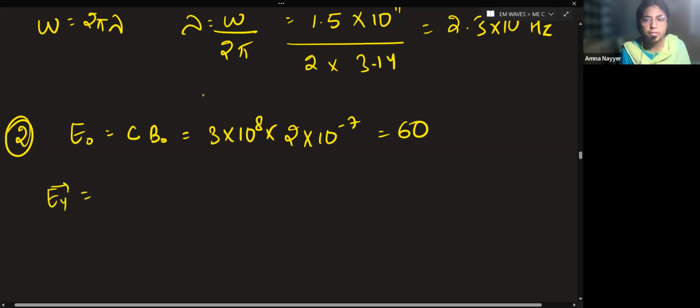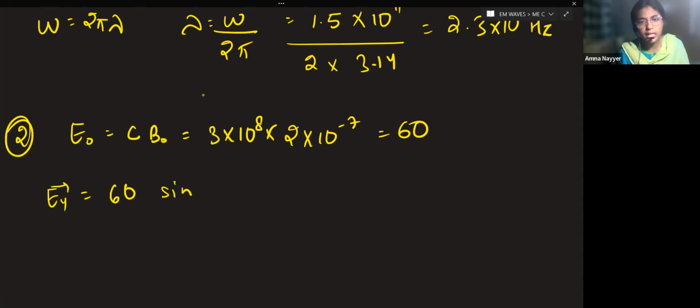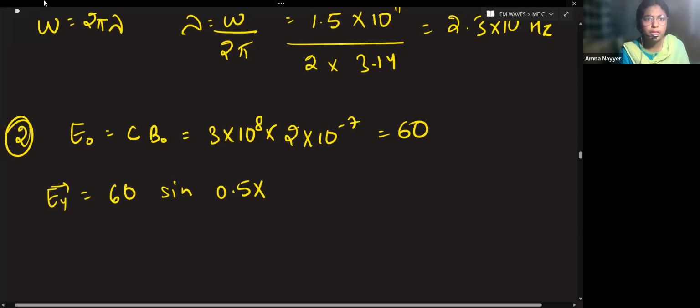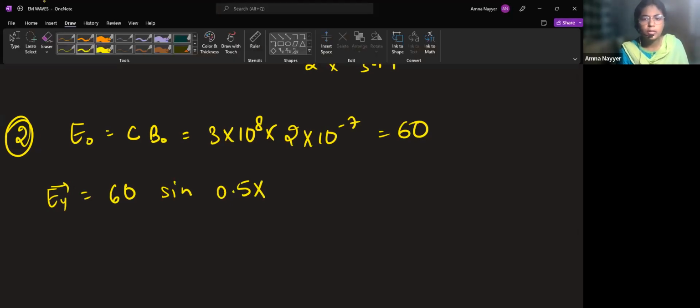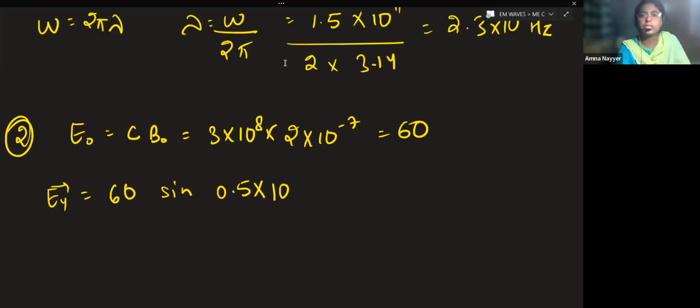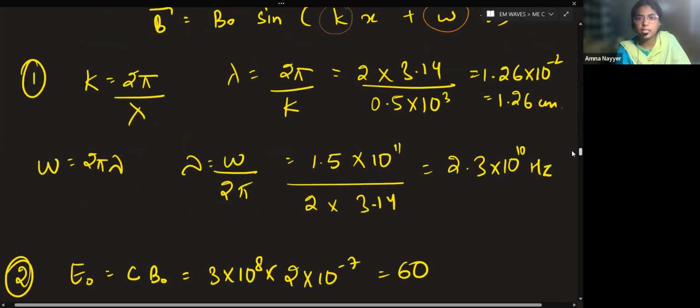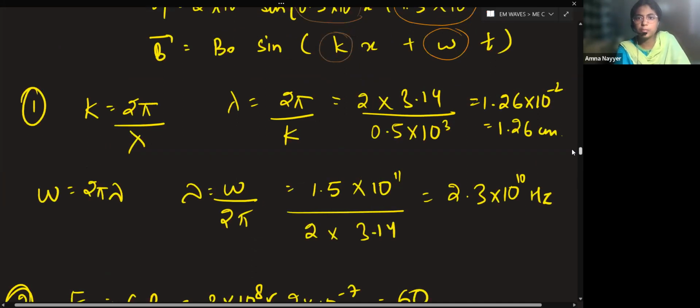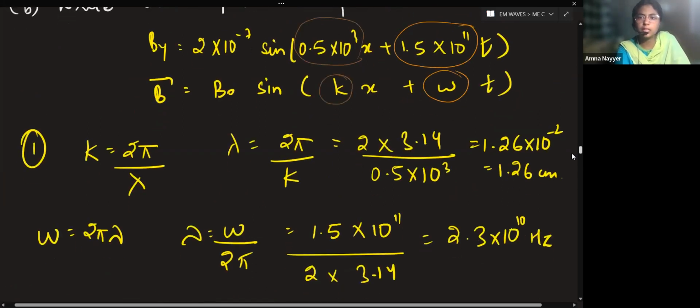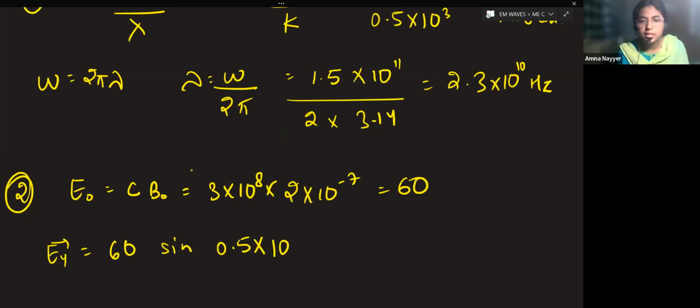Now you can write the value of electric field. This becomes E naught sine of kx plus omega t. Rest of the things you can write: k was 0.5 into 10 to the power 3, plus omega, 1.5 into 10 to the power 11 t.